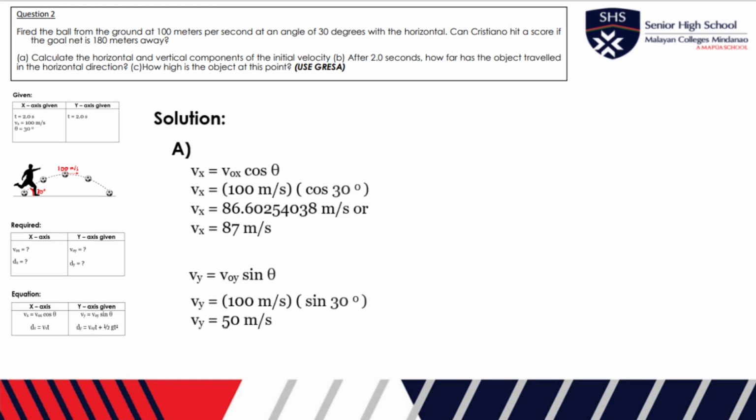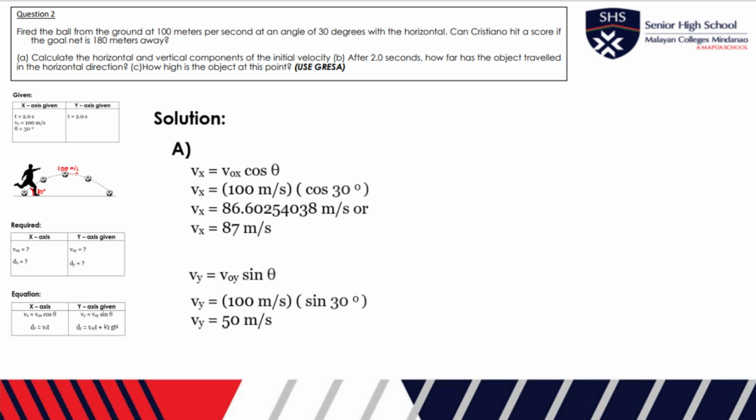Let's have letter A. We need to calculate the horizontal and the vertical components of the initial velocity. Let's have the x component first, the initial velocity in the horizontal direction. So we have initial velocity multiplied by cosine theta.